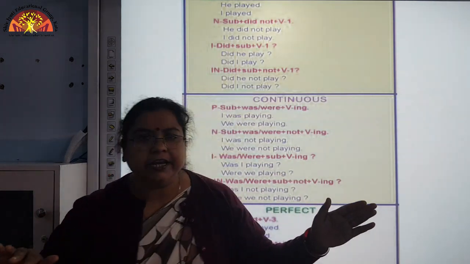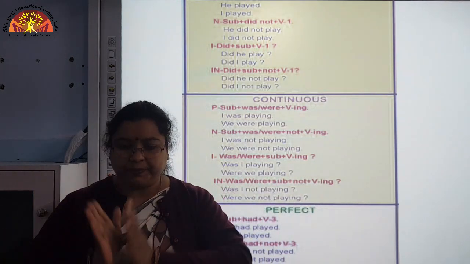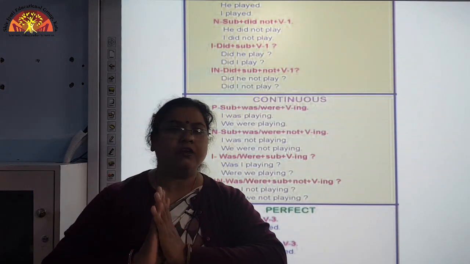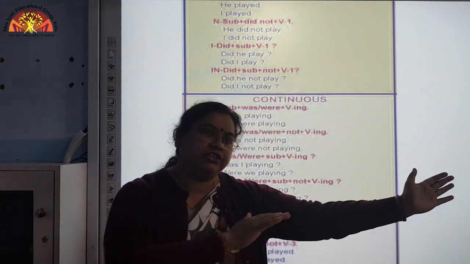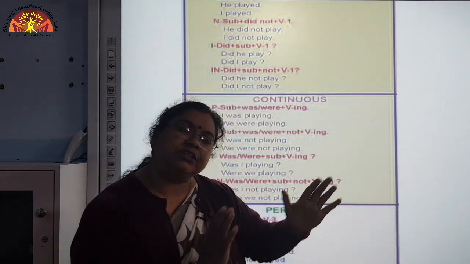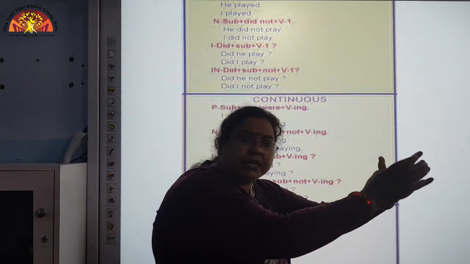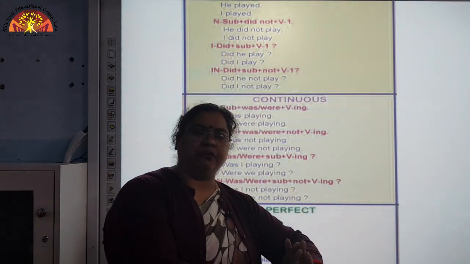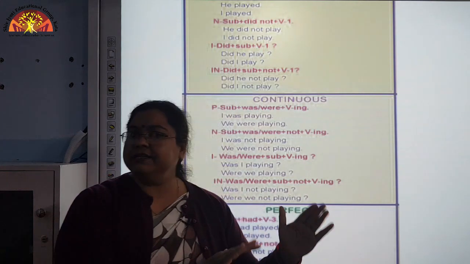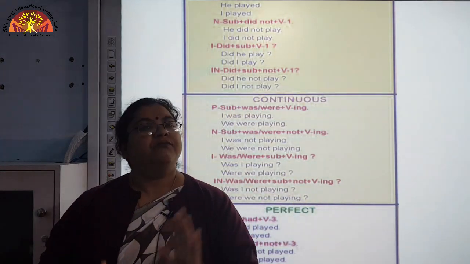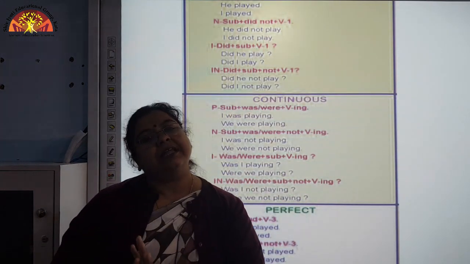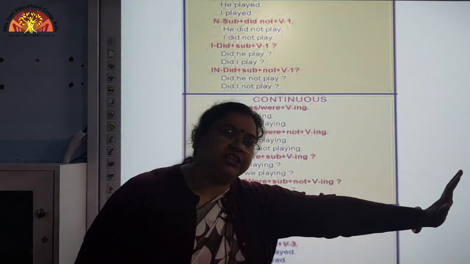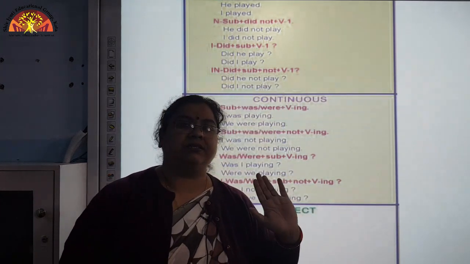It is not continuing in the present. In the present time, we are not talking about the continuation of that action. The action started, it continued for some period of time and that is all. It does not influence the present time. We are just expressing that some action progressed in the past.